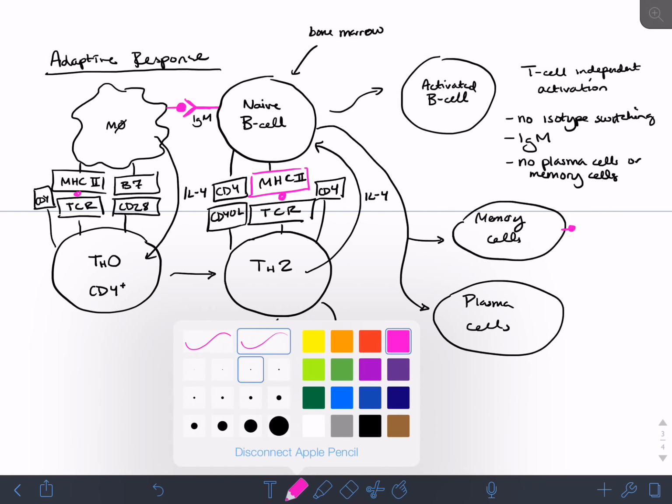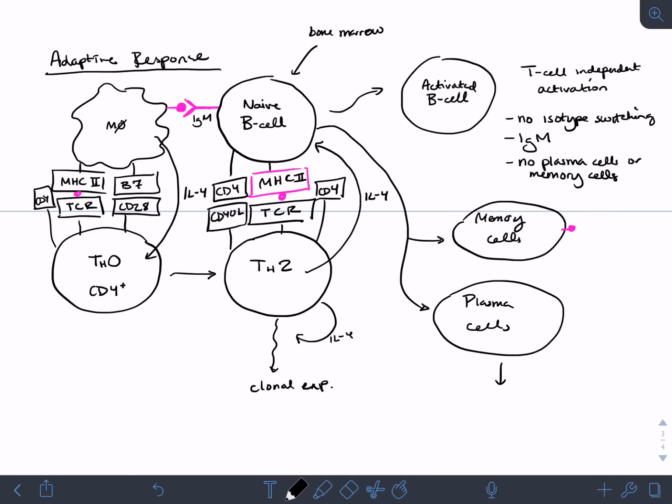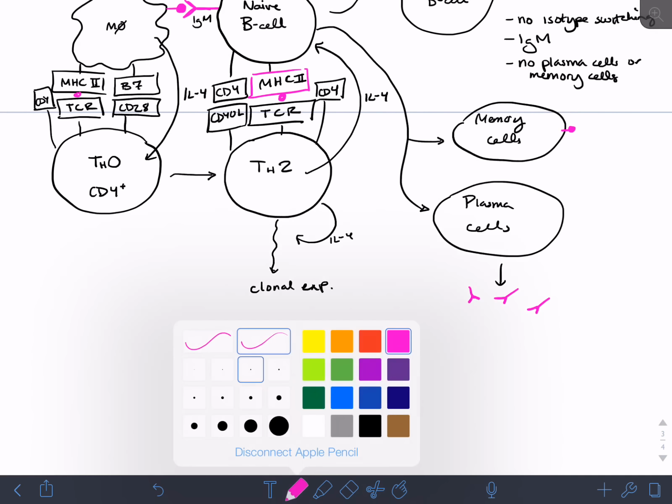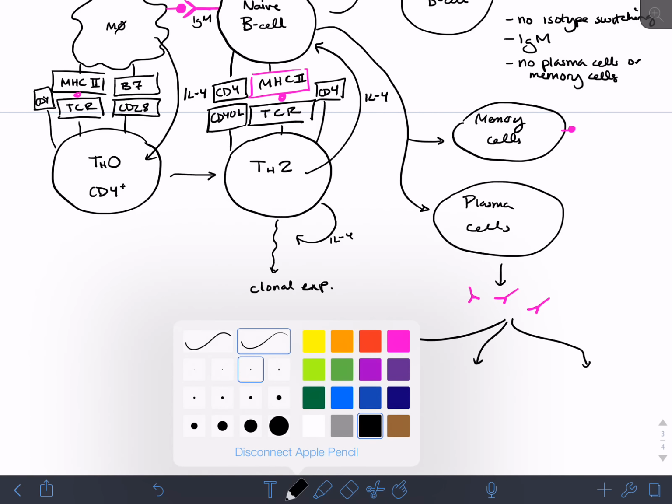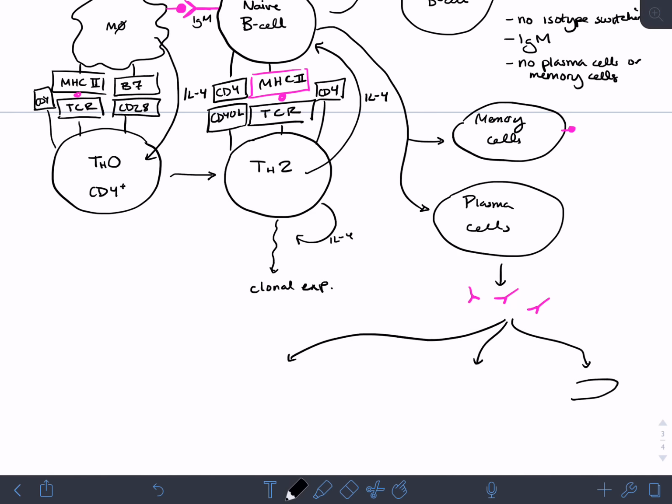Okay? Then your plasma cells, what are they going to do? They're going to release antibodies. And again, these antibodies are specific for this disease. Okay? So now your antibodies have 3 different functions they can do. The first function is, you have a bacteria, and they're just literally going to cover it up. This is called neutralization.